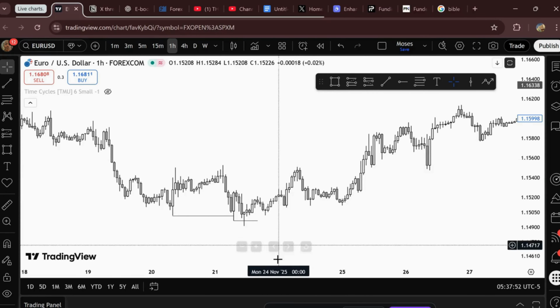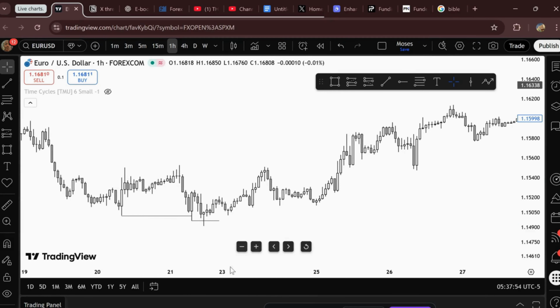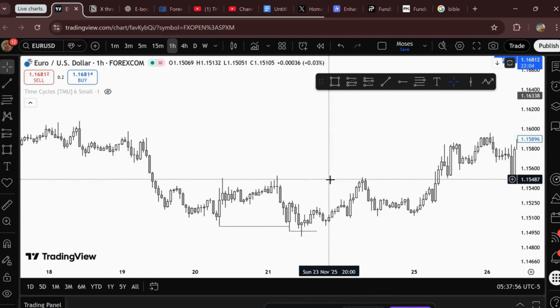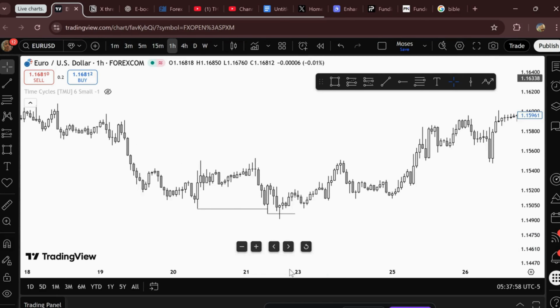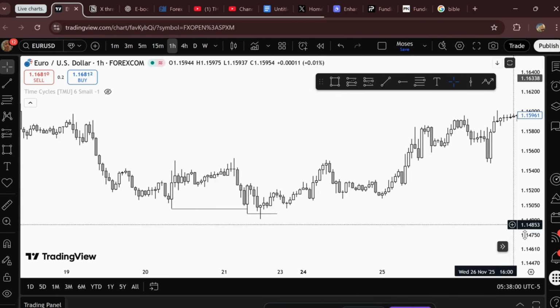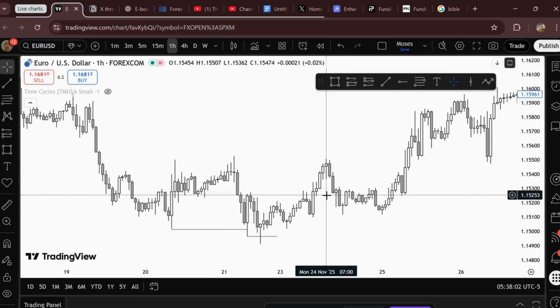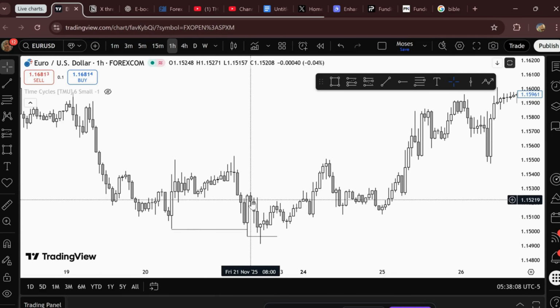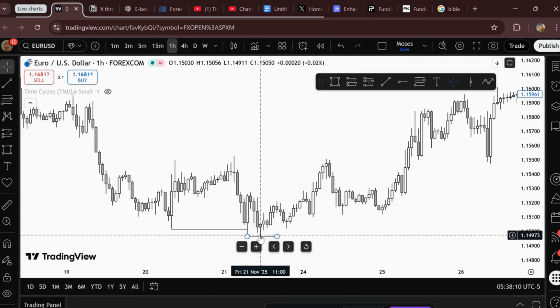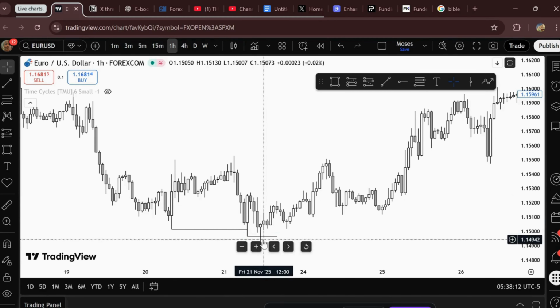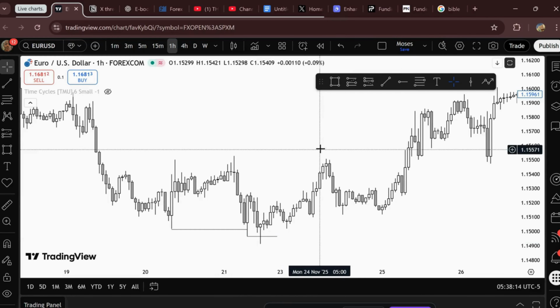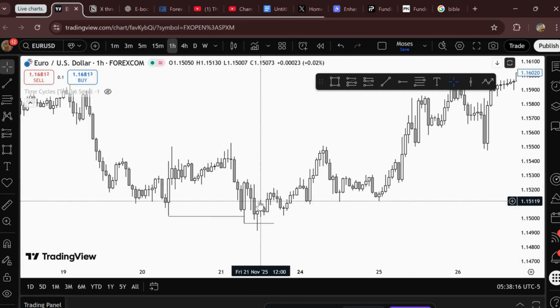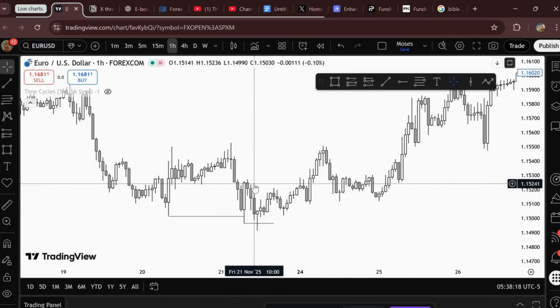Now I want you to look at this move down here. I want your eyes fixed on the series of down close candles that were put in until this point. The last down close candle that was put in onto this point of reversal was this candle here.